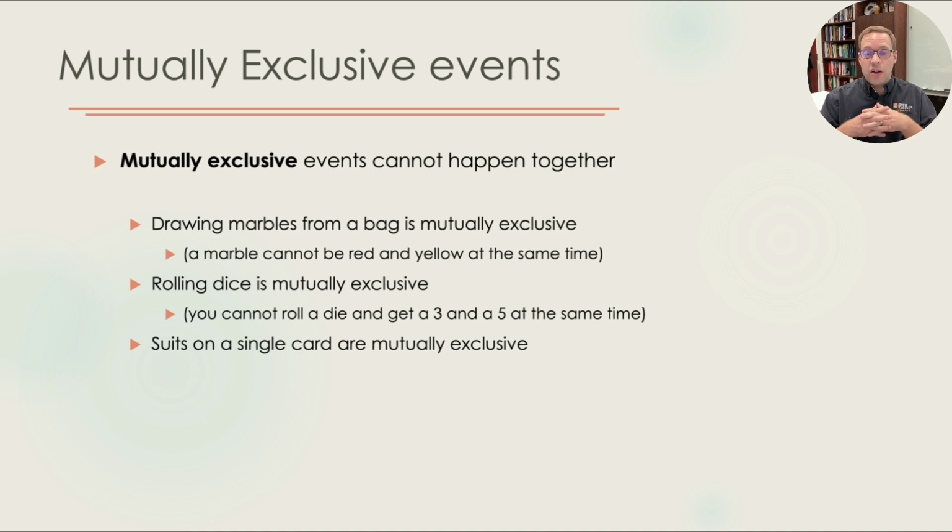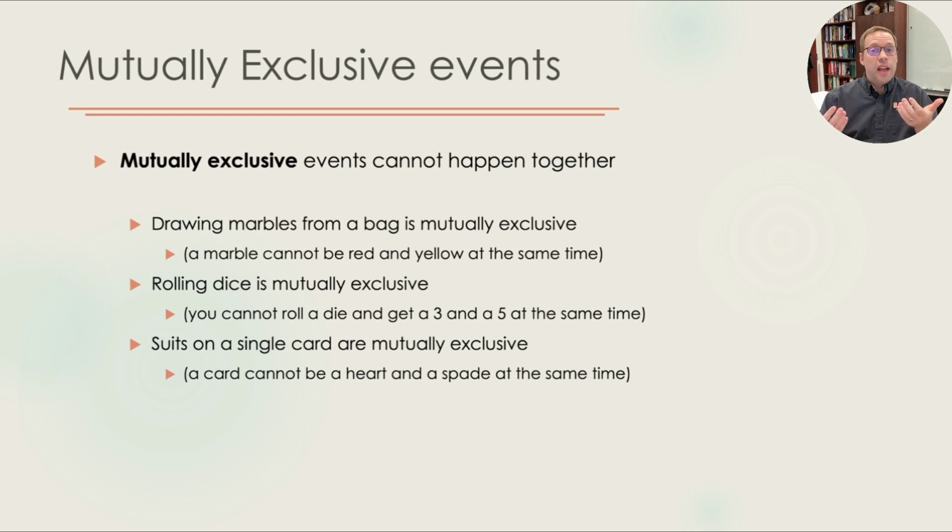Suits in a single card are mutually exclusive. If you draw a card, could I have that card be both a heart and a spade? No, I can't. It's either a heart or a spade or a diamond or a club. Those are 4 mutually exclusive events. They cannot happen at the same time.